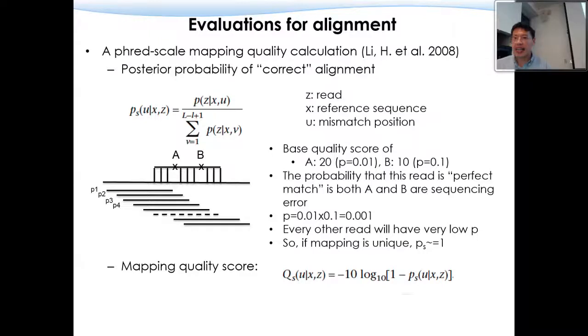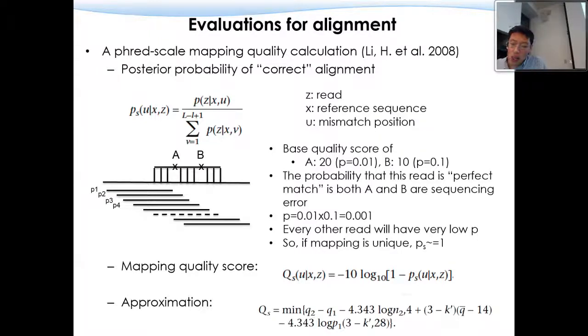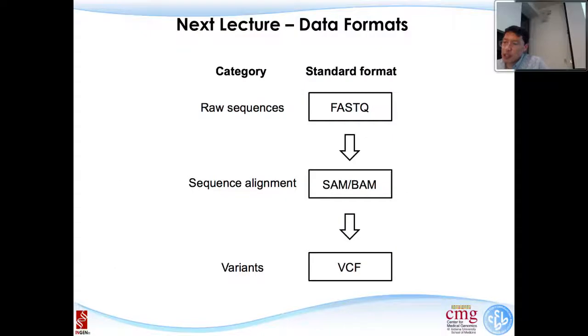In reality, what they do is use an approximation, looking at the second best matching and the third best matching, and not going further in the score calculation, assuming that everything else is ignorable. But basically, you can see the logic for this, which is called the posterior probability. So just follow the logic, and let me know next time if you have a question about it.